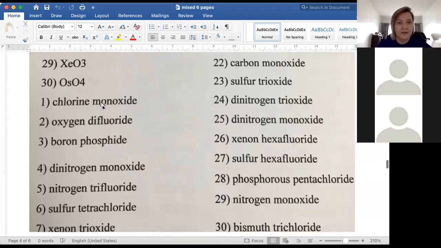All right, so if we look at this one, chlorine monoxide. Okay, so I can't write on this because it's a picture, but anyway. Chlorine, of course, is Cl, and then monoxide means that there's one oxygen. So this formula would be ClO.